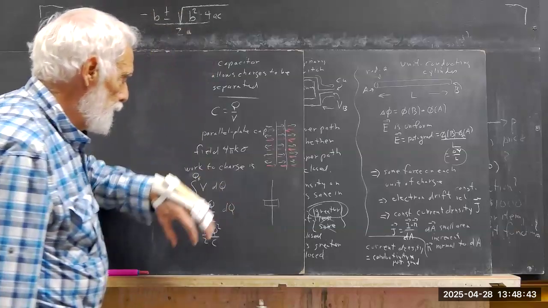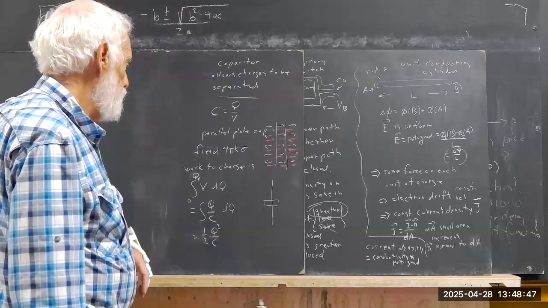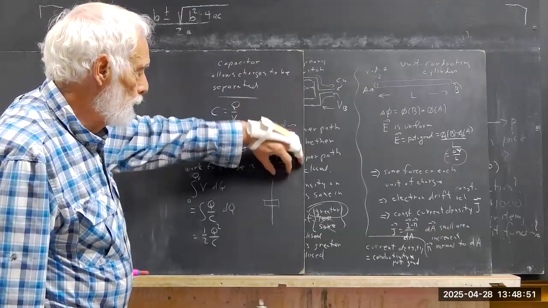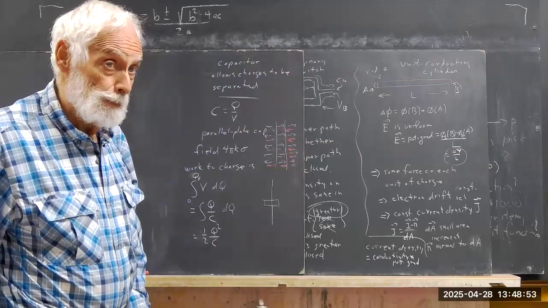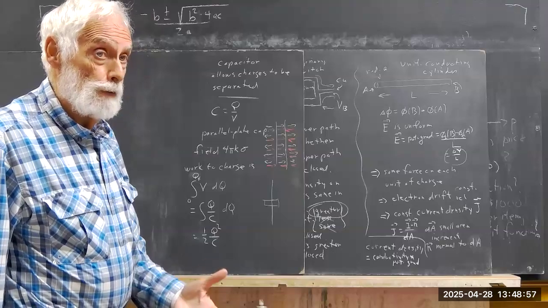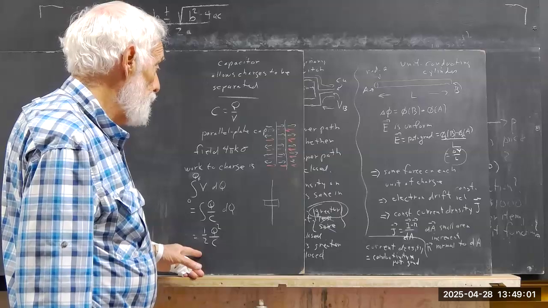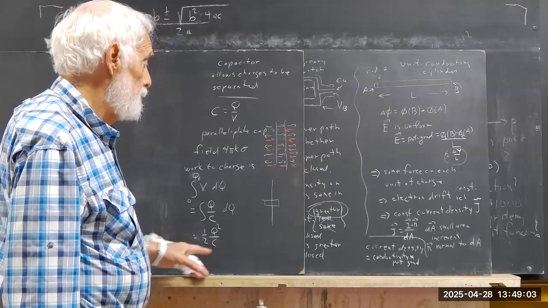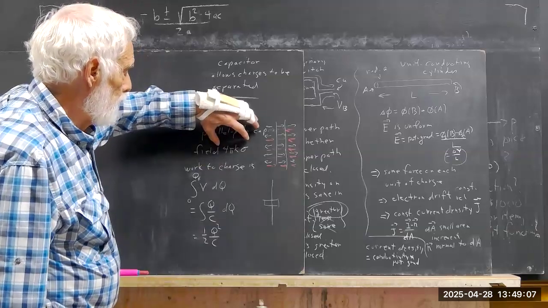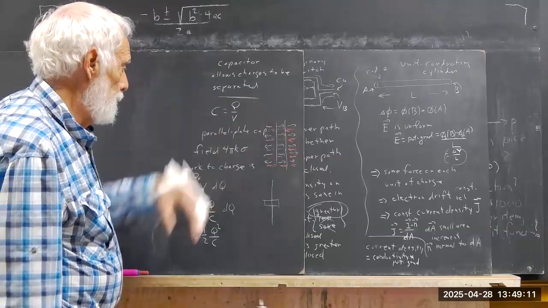If you divide that energy by the total volume between plates, you get the energy per unit volume. So you divide this by the volume, you get the energy density of this electric field.